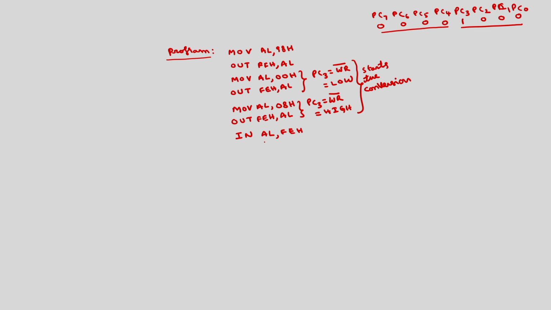PC7 is the MSB bit, so you have to check whether this is 0 or 1. Rotate left accumulator, RLC AL, 01, so that the MSB bit will come onto the carry flag. This is PC7, which is the status of INTR bar.